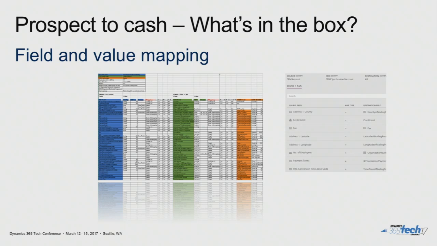So when Lance will show you the project setup later on, what you will see is when you set up an integration project, you will be able to map to an AX endpoint, including an AX data area ID on one side, and a CRM endpoint, including a CRM business unit on the other side, with a CDS environment in between. So that way you would be able to map those two.